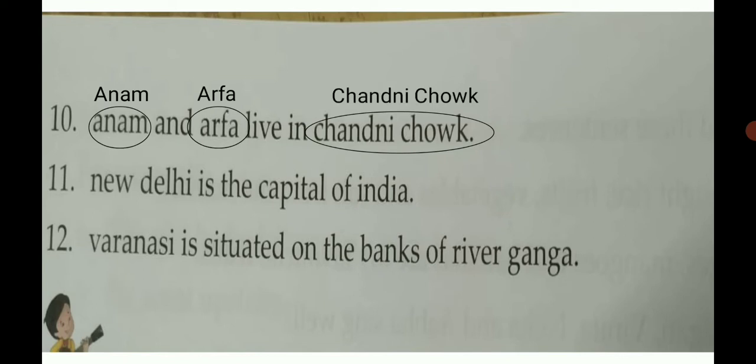Again I am repeating that just because there is not sufficient space in the page, you have to do this exercise in your classwork. Do not write only the answer, you have to copy the question and after that write the answers in your notebook. Don't write only answers of the textbook exercise.